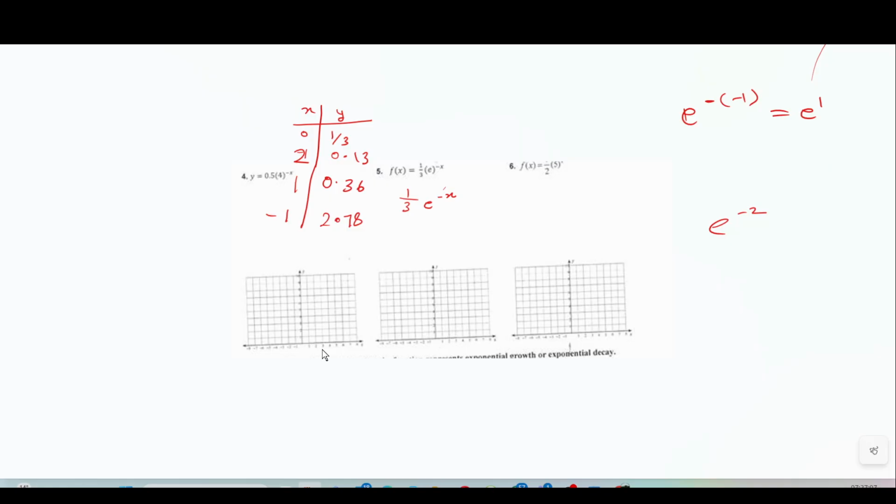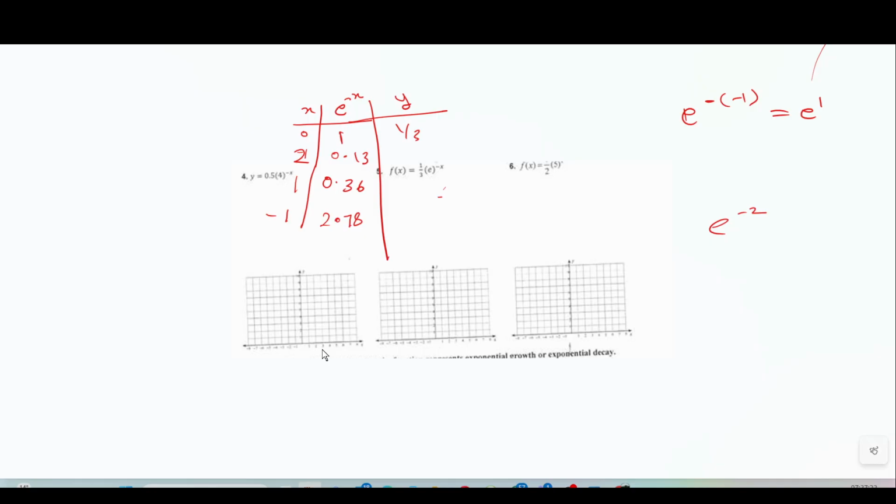Then I have to multiply it by one third. Okay, let me put the final y values here. This is e to the power negative x, and the y values are here. So this is one third. e to the power 0 is 1. 1 times one third is 0.33.